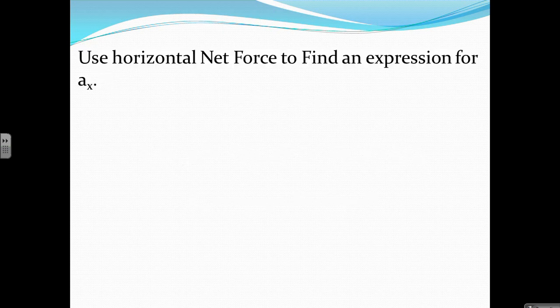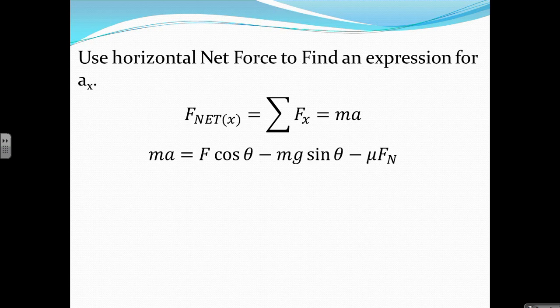Moving to the horizontal component, we know that the net force in the horizontal direction is going to be non-zero, but it will be the sum of all the forces, and that's equal to mass times acceleration. So we have F cosine theta, that's the force pushing it up the hill, that's what's driving it.